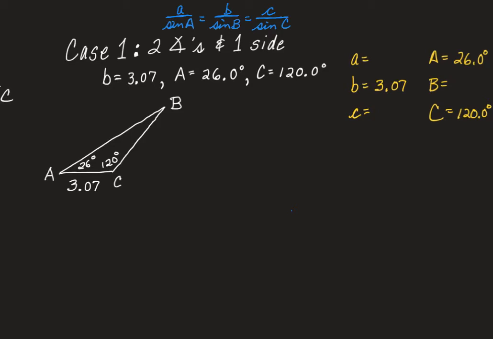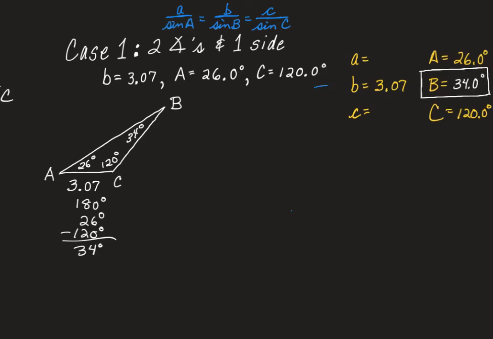Since the sum of all the measures of the angles of a triangle equals 180 degrees, if we take 180 degrees and subtract from it the angles we already have, then we can find the measure of angle B. And there it is, 34 degrees.